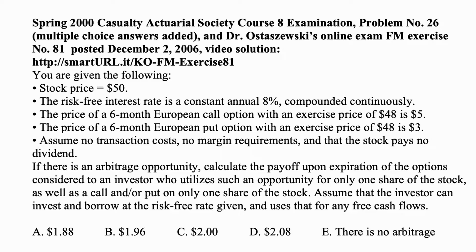If there's an arbitrage opportunity, calculate the payoff upon expiration of the options considered to an investor who utilizes such an opportunity for only one share of the stock, as well as a call or a put on only one share of the stock. Assume that the investor can invest and borrow at the risk-free rate given and uses that for any free cash flows.